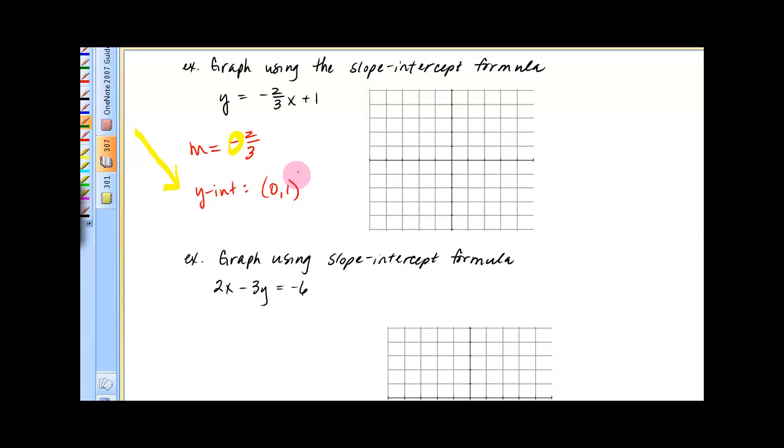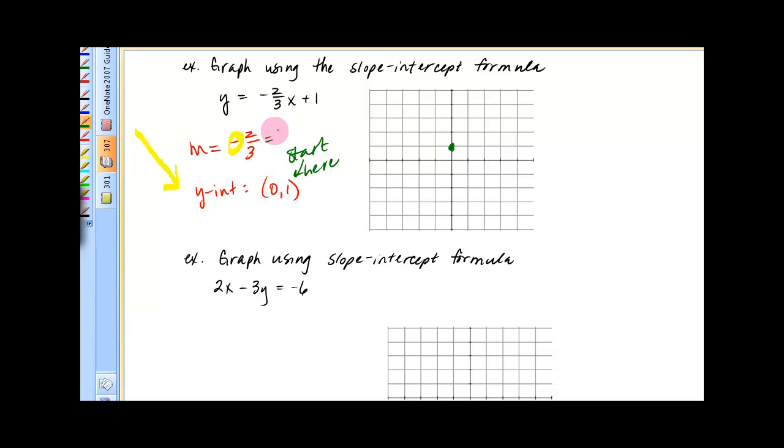Remember also that I'm going to start at the intercept. Start here. So if I go over 0, up 1, this is the point I'm starting with. I'm going to count rise 2, run 3.